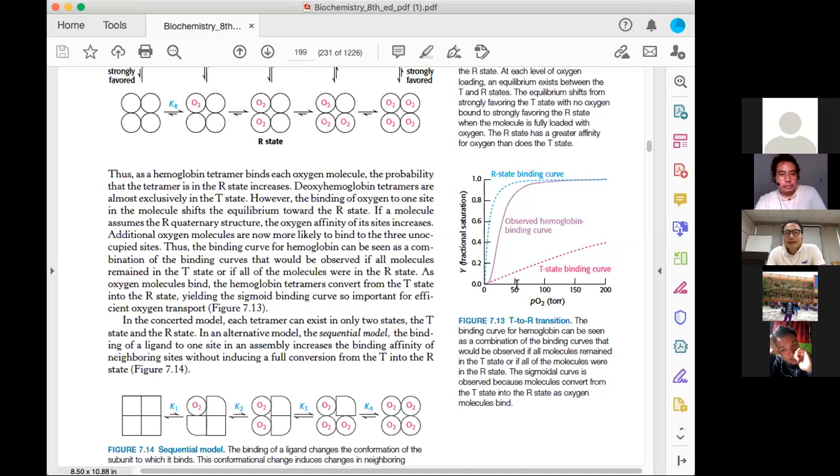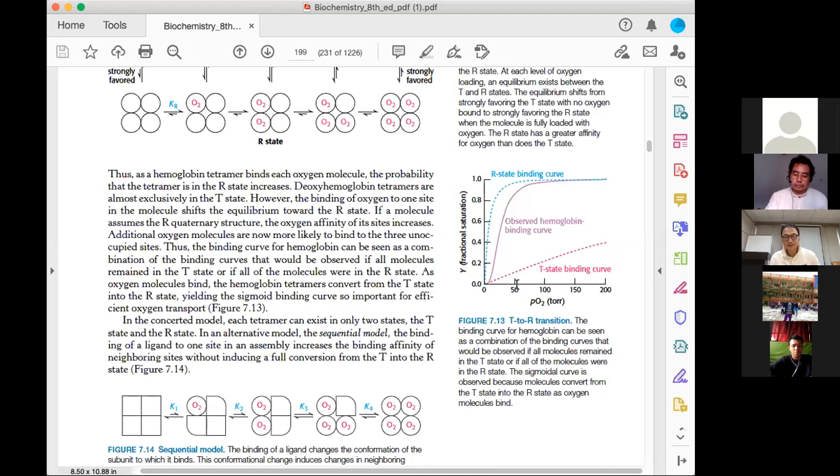If you look at what is the normal concentration of oxygen in the lung, it's about 40. And how about in peripheral tissues? It's about 20.